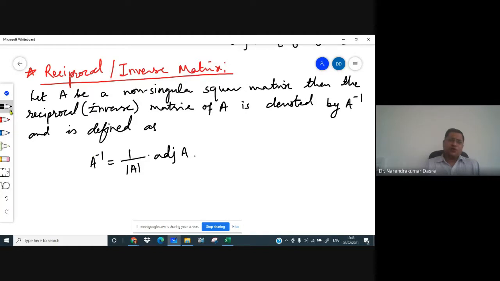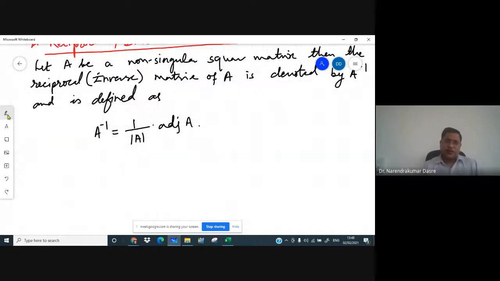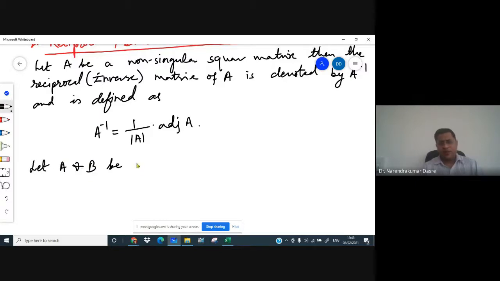Also, we know another definition of the inverse. Let A and B be two non-singular matrices.